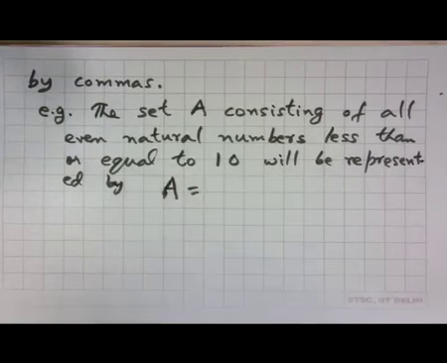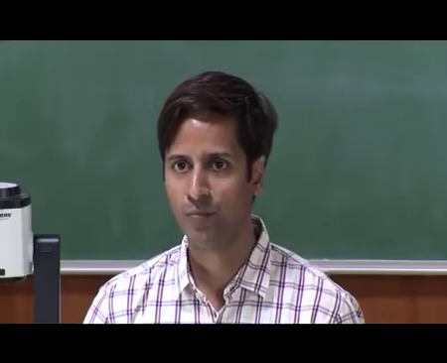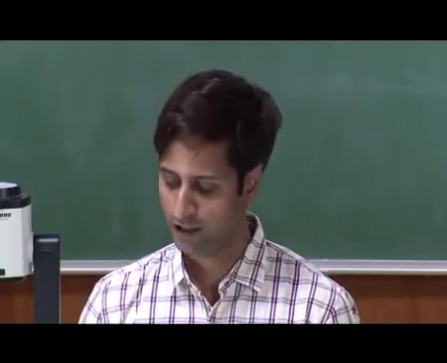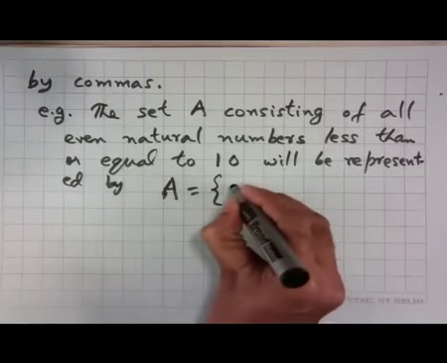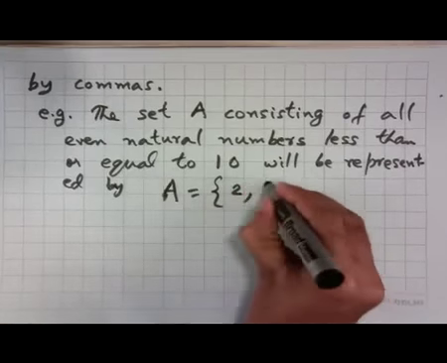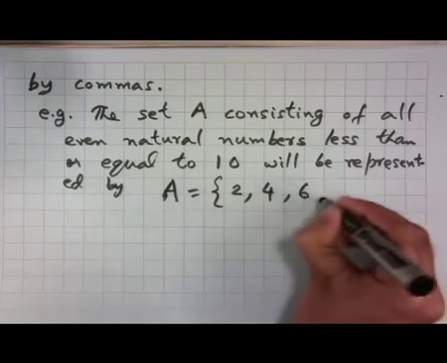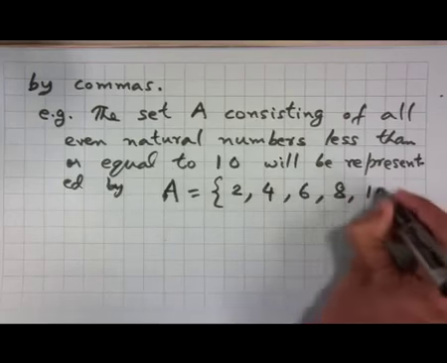We just ask what are the elements of this set A. We want all the even natural numbers which are less than or equal to 10. The smallest such even natural number is 2, then the next one is 4, 6, 8 and 10.